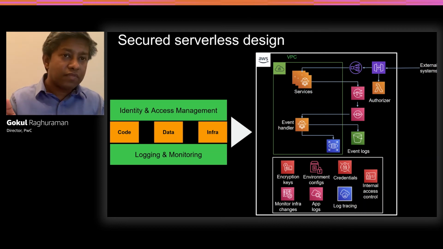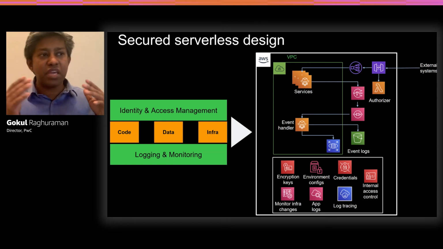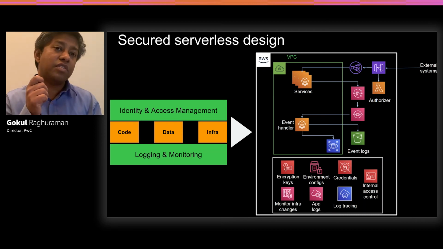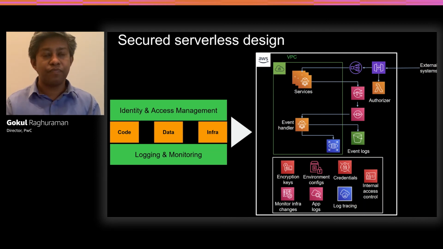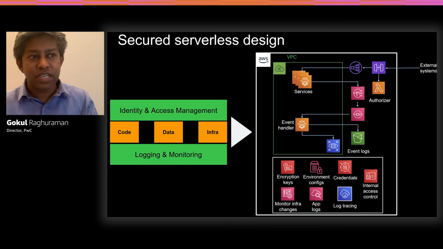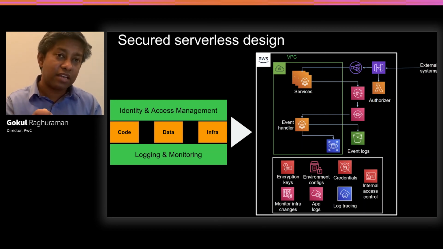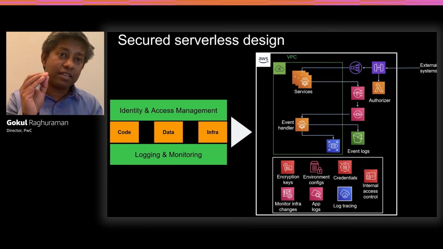You might be using one of the many data store options that AWS provides. It could be Dynamo, it could be Aurora, it could be RDS, but being able to control access to the data and provide just the amount of access required is critical. One of the most common use cases that we have seen is the ability to control access to data in a database at the row level, right?